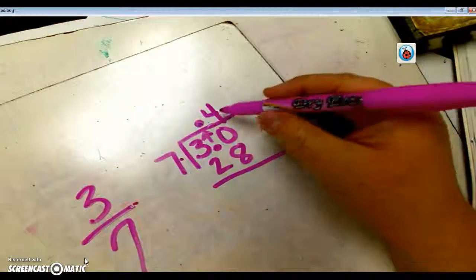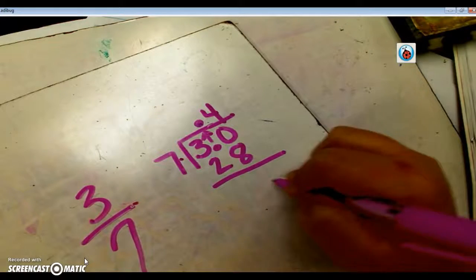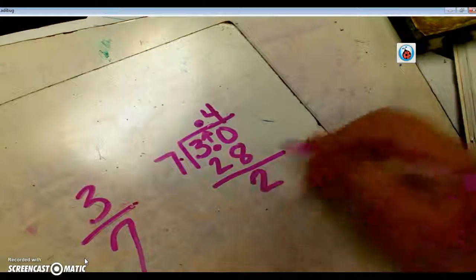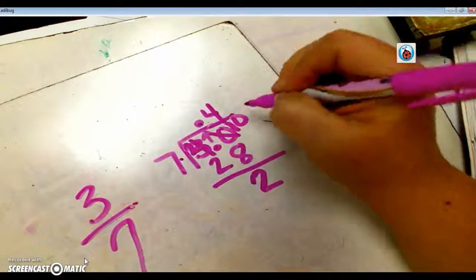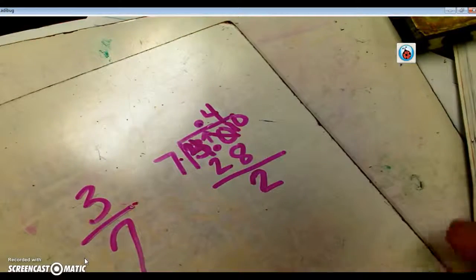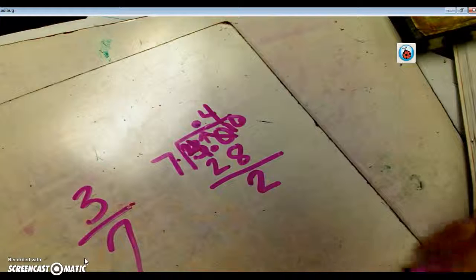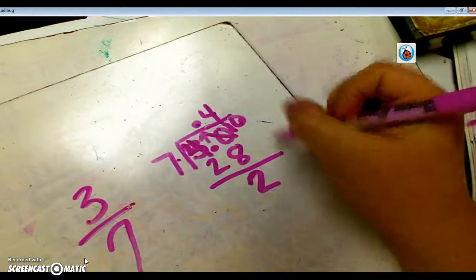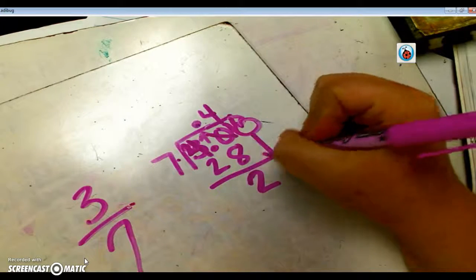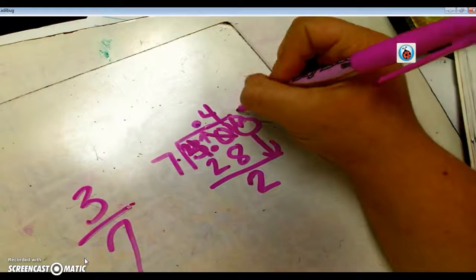When we subtract this, 30 minus 28 is? Okay, 3 becomes a 2. This becomes 10. I know, we're late. 10 minus 8 is? 2. But I can't stop there. I have to add another 0 and take it down because I want to have at least 2 decimal places here.